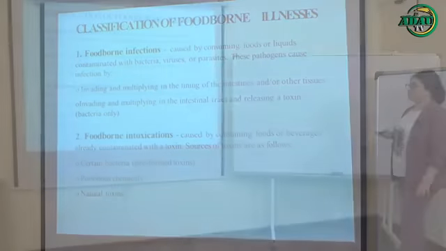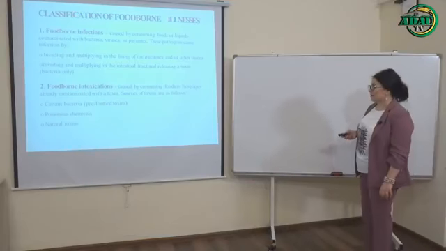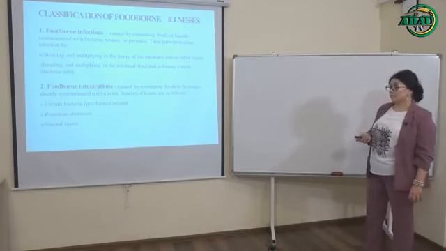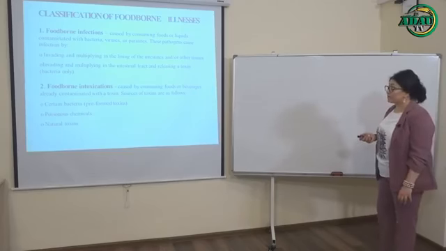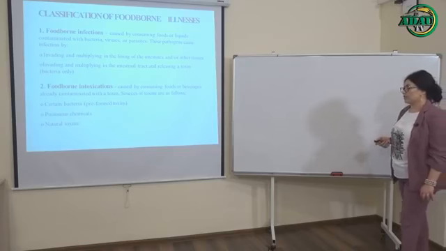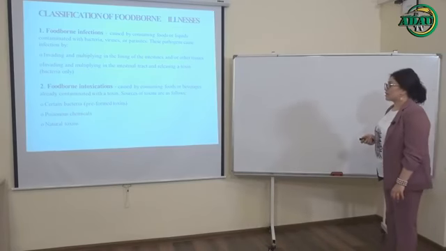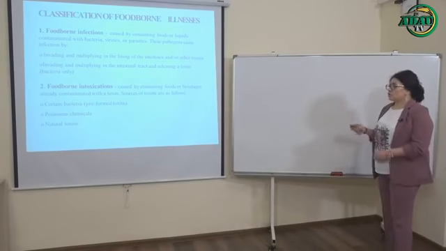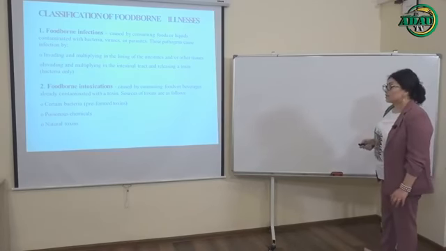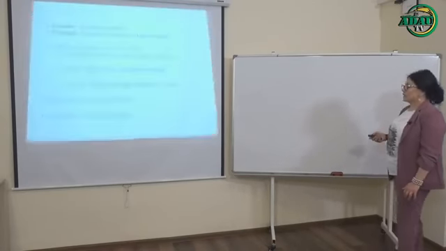Only bacteria can do this. Foodborne intoxications are caused by consuming foods or beverages already contaminated with a toxin. Sources of toxin are as follows: certain bacteria that produce toxins, poisonous chemicals, natural toxins.